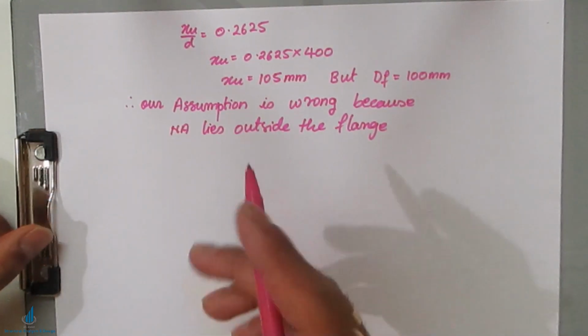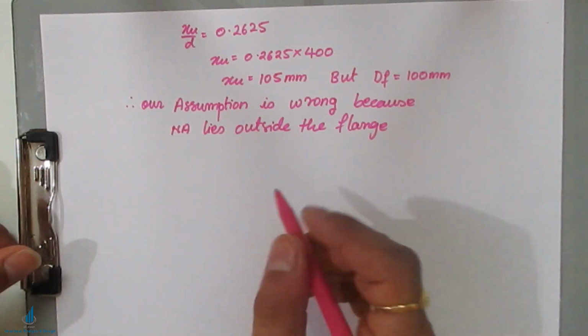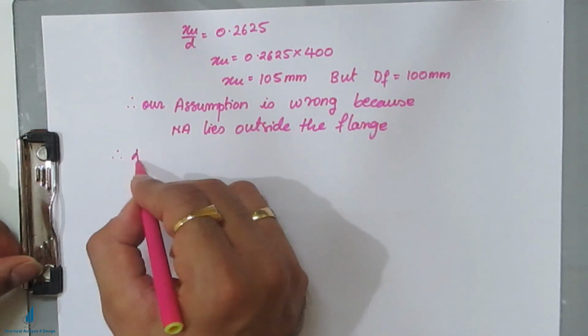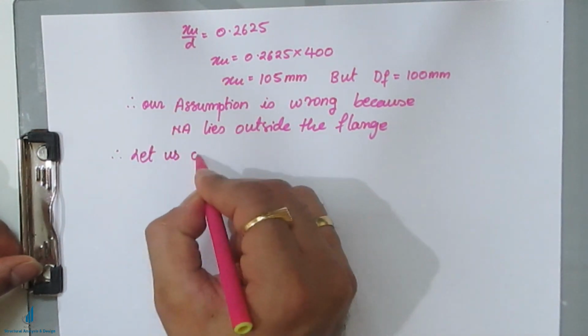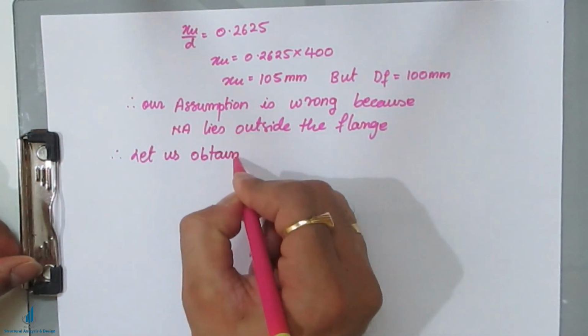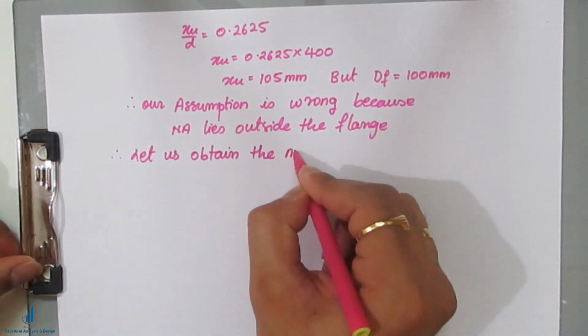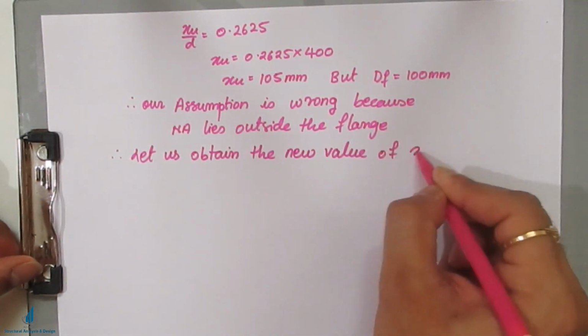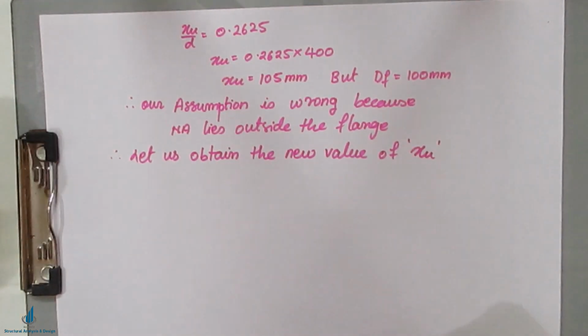because the neutral axis lies outside the flange, therefore let us obtain the new value of XU. Correct?